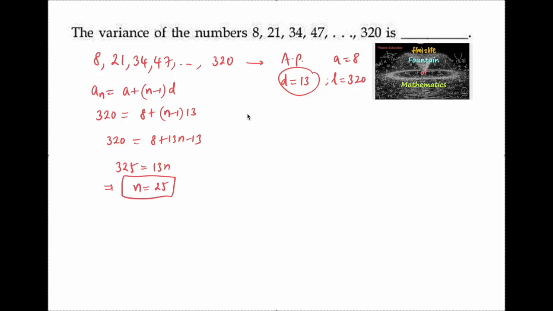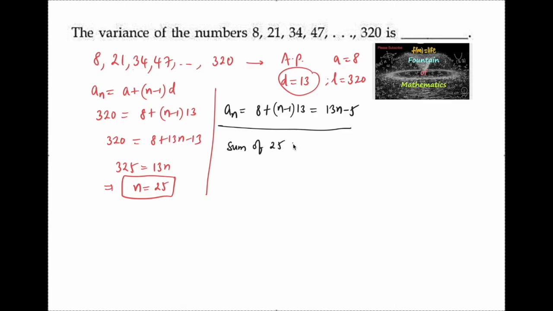So we got the number of terms is 25, and the general term can also be written as an is equal to 8 plus n minus 1 into 13, or we can write 8 minus 13 is minus 5, so 13n minus 5. Now to calculate the mean, the sum of these 25 observations is equal to 25 by 2.